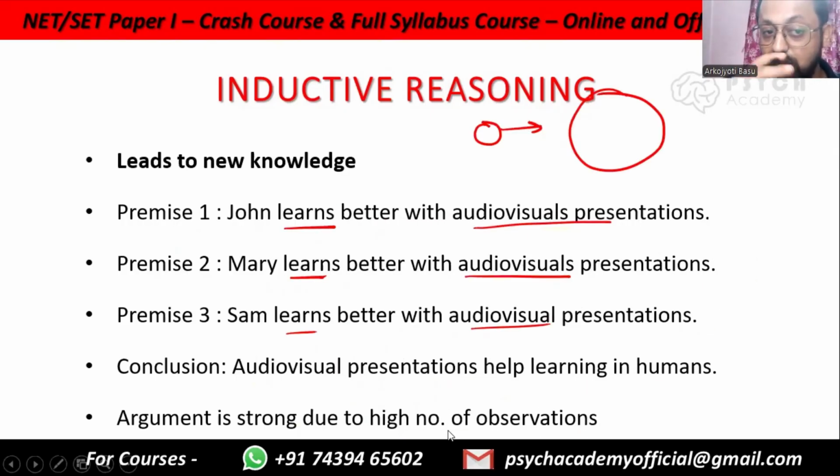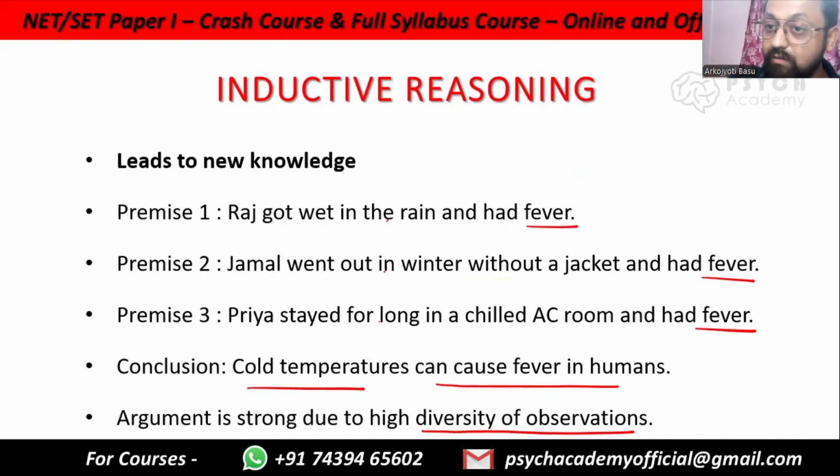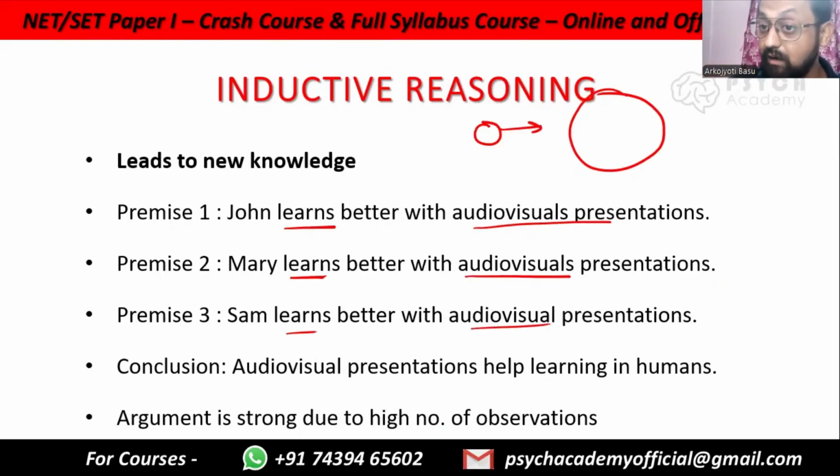In the first case, you had the same observation multiple times. In this case, you had diverse observations pointing towards the same thing. And this is exactly how research progresses. Whatever we discuss about research, what makes a theory really strong is that the findings have to be replicated, right?